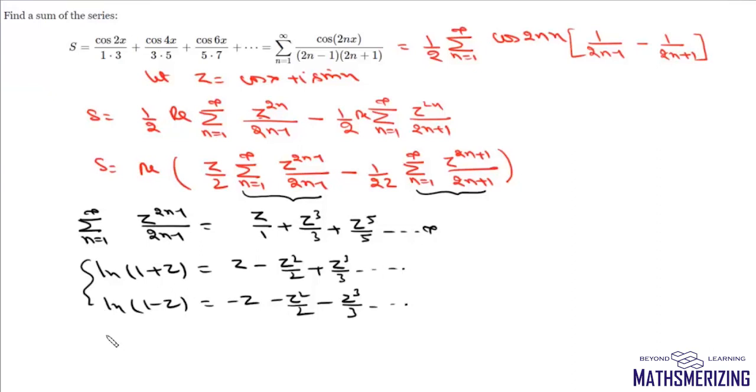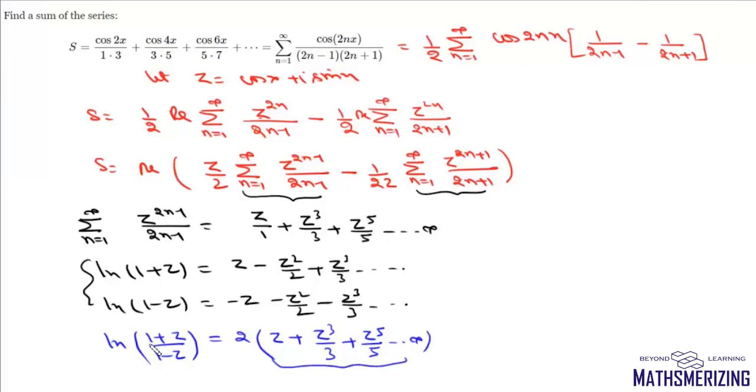We can write this expression as log (1 plus z upon 1 minus z), and this is 2 times z plus z cube upon 3 plus z to the power 5 upon 5 up to infinity. So the value of the series is 1 by 2 log (1 plus z upon 1 minus z). What about the second series, n varies from 1 to infinity z to the power 2n plus 1 upon 2n plus 1?